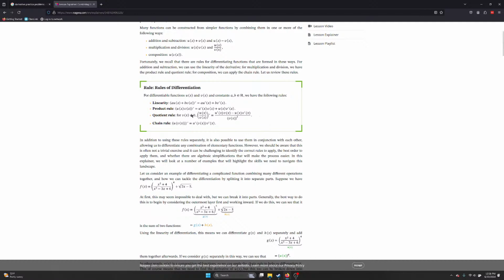Okay, and then the product rule. g of x, and then take its derivative, plus f of x times g prime of x.